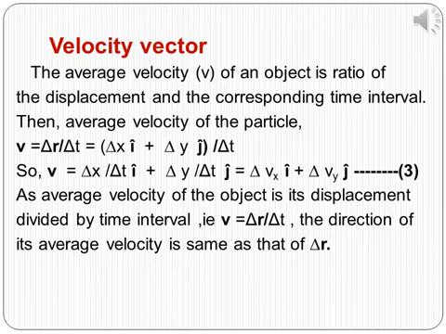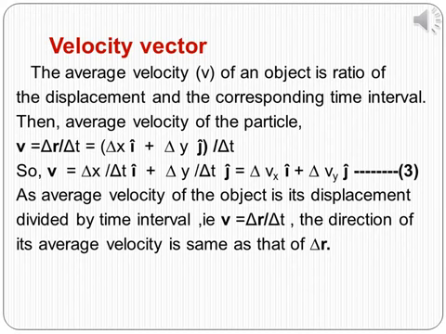So, it can be in the form of the average velocity vector v is equal to delta x by delta t i cap plus delta y by delta t j cap, which is equal to delta Vx i cap plus delta Vy j cap, which is expression 3, where delta Vx is equal to delta x by delta t, which is the x component of the average velocity vector, and delta Vy is equal to delta y by delta t, which is the y component of the average velocity vector.